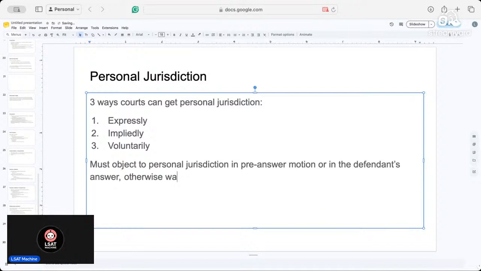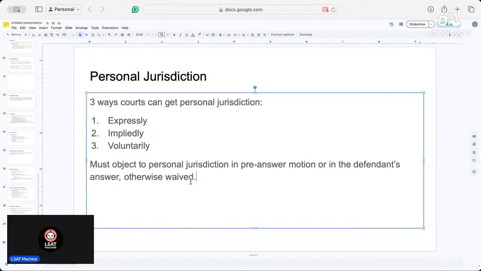Otherwise waived. If you just start filing things with the court and don't object to the jurisdiction before you raise any issues in the court, then you are waiving personal jurisdiction. If you start acting like it's all right for me to be here, the court has control over me, the court's going to assume that you decided it's fine for them to hear it.